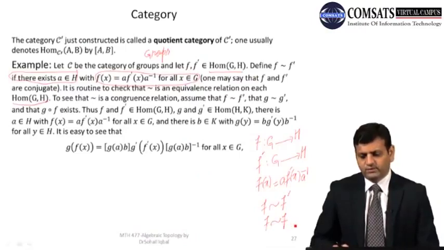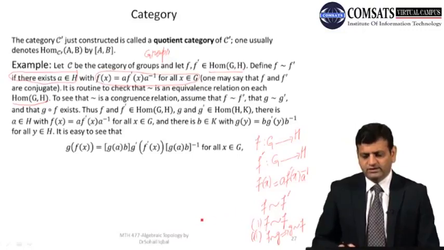Number two, I need to check that if f is related to g, then this implies g is related to f. And thirdly I need to check that if f is related to g and g is related to h, then f is related to h.